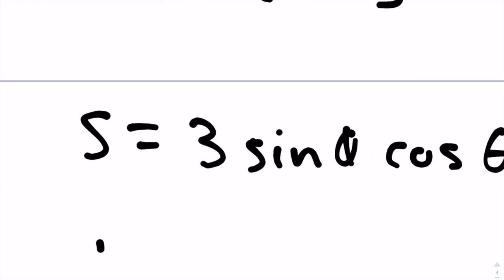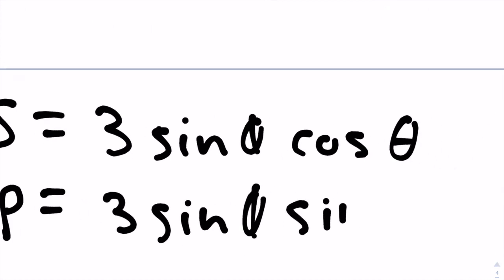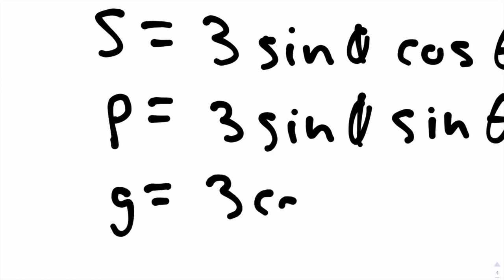For p, we can say that it's 3 sine phi sine theta. And finally, for g, we can say that it's 3 cosine phi.